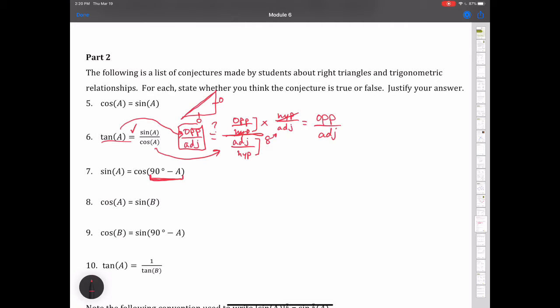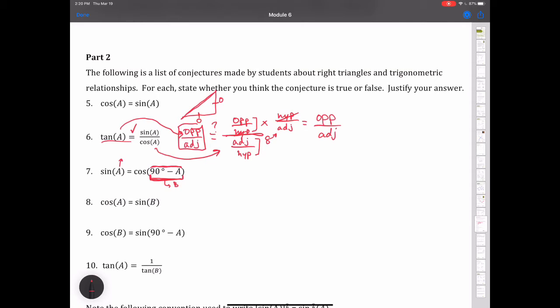So if we think about this, this is saying A, and this is saying 90 minus A. But if we only have 90 degrees left to work with, then 90 minus A, won't that just be angle B? So really another way to say this is cosine of angle B, right?